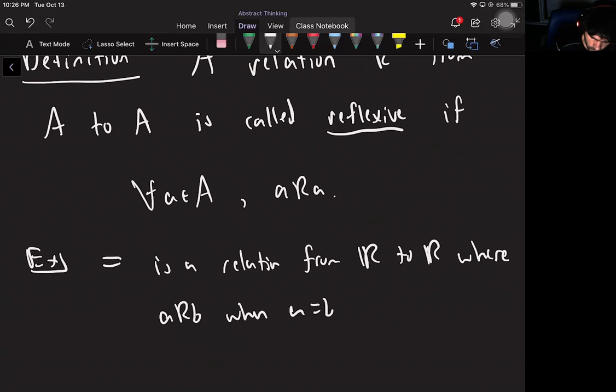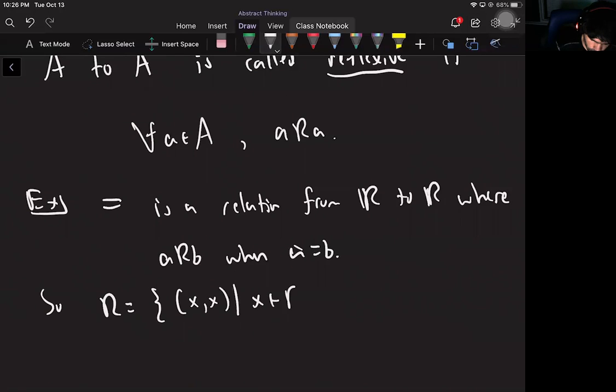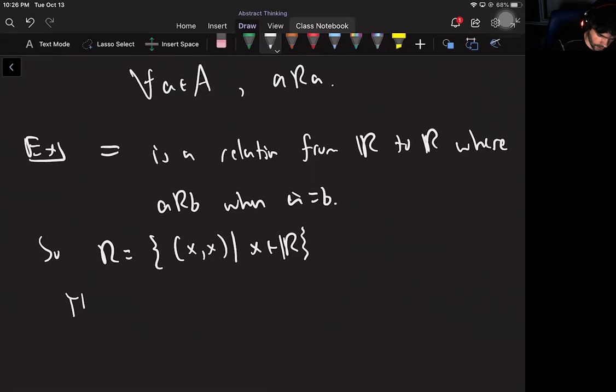When they're equal. So the only time two things are equal is if they're the same number. So this relation really only consists of x comma x. And so we can see why it's reflexive, because it's almost built to be reflexive.